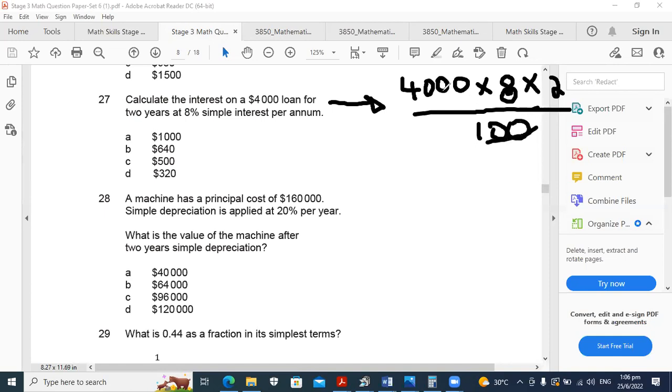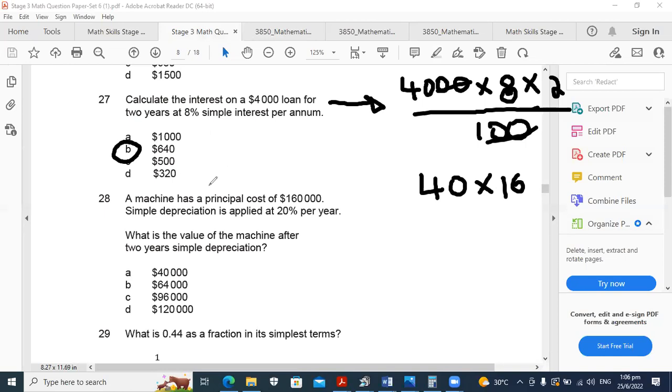So that will go 40 and 16. What's 40 times 16? 640. All right. Now look at 28 now.